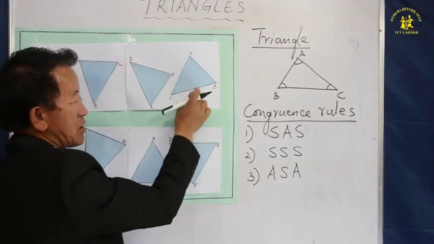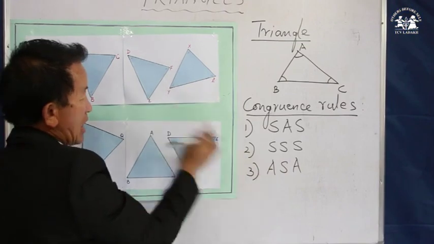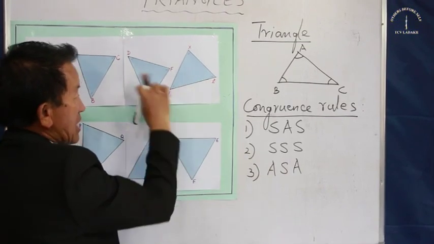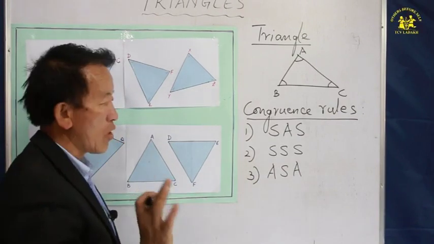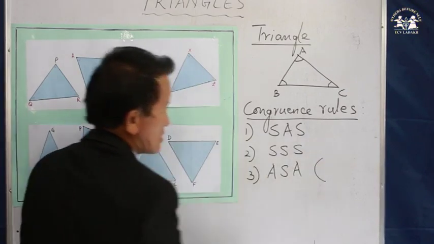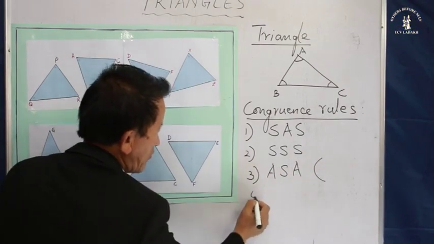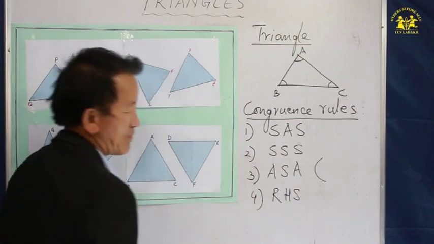So these two are included sides. Then again the two triangles are congruent.